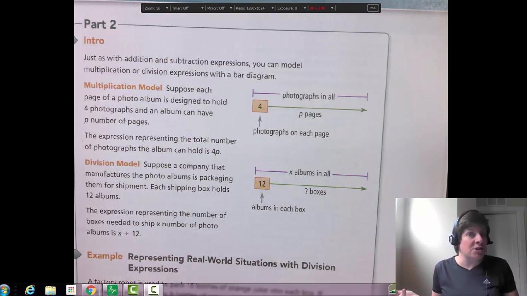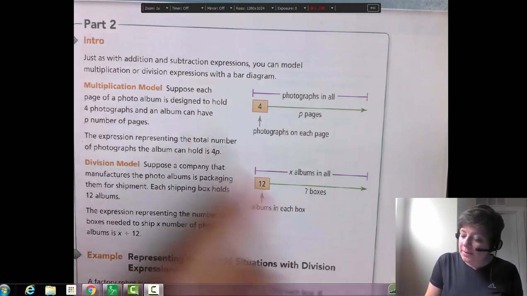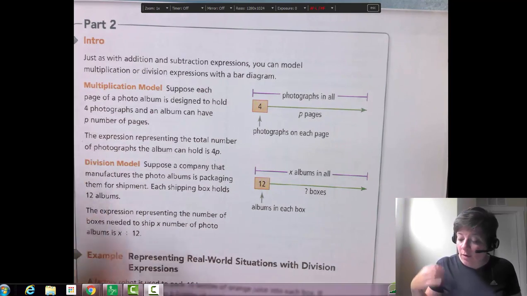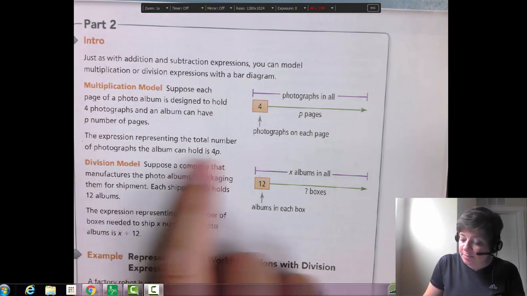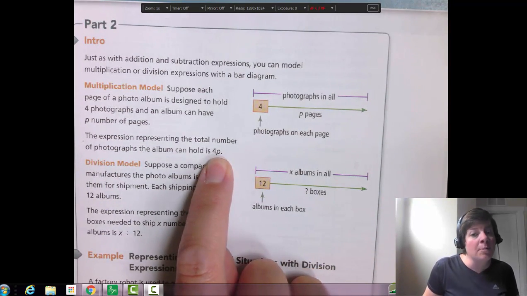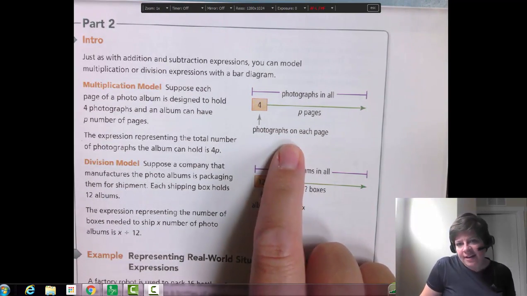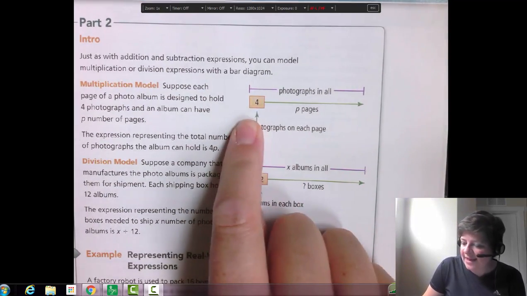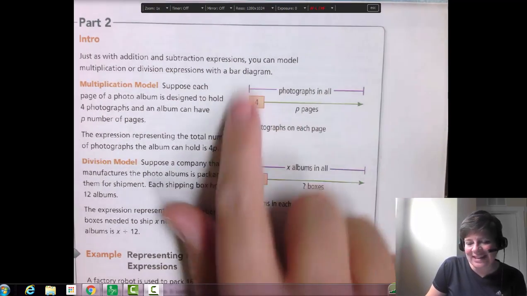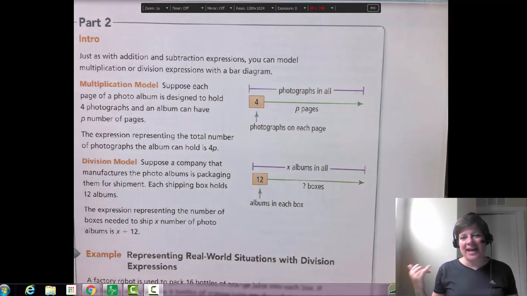It's repeated addition, right? So we would take 4 times P, or 4P, as our expression that they give you right here, 4P. And this is kind of how they represented it in a bar. They said 4, and then they times it by the P. Again, it's okay.